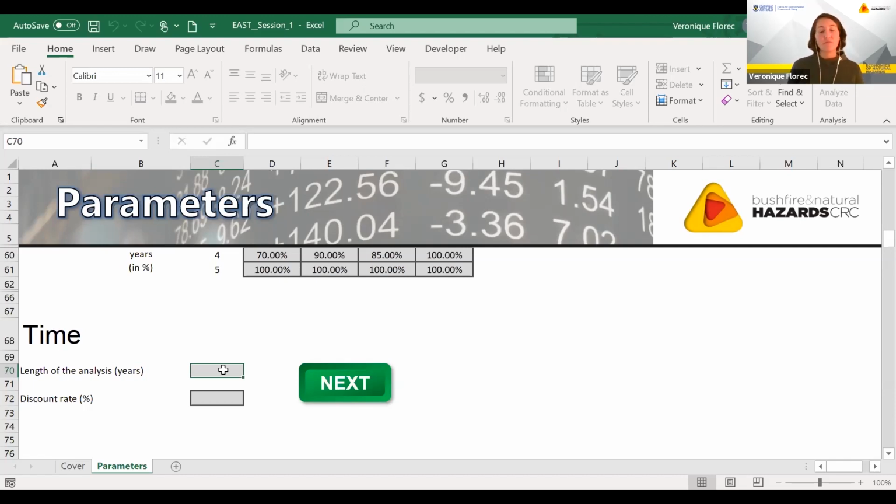So say we think this dam has an expected life of 60 years, then we will use 60 years to evaluate the mitigation option. If we think this program could last for 10 years, then we only use 10 years as the length of the analysis.